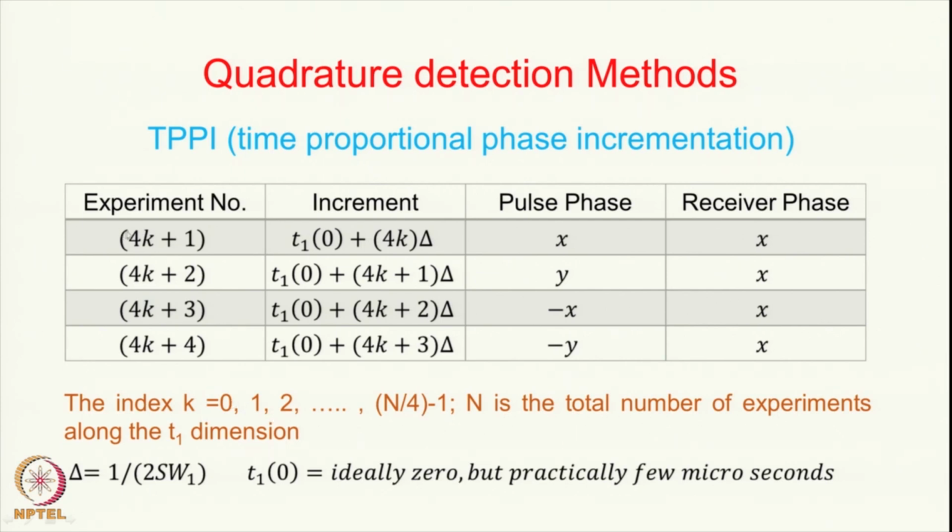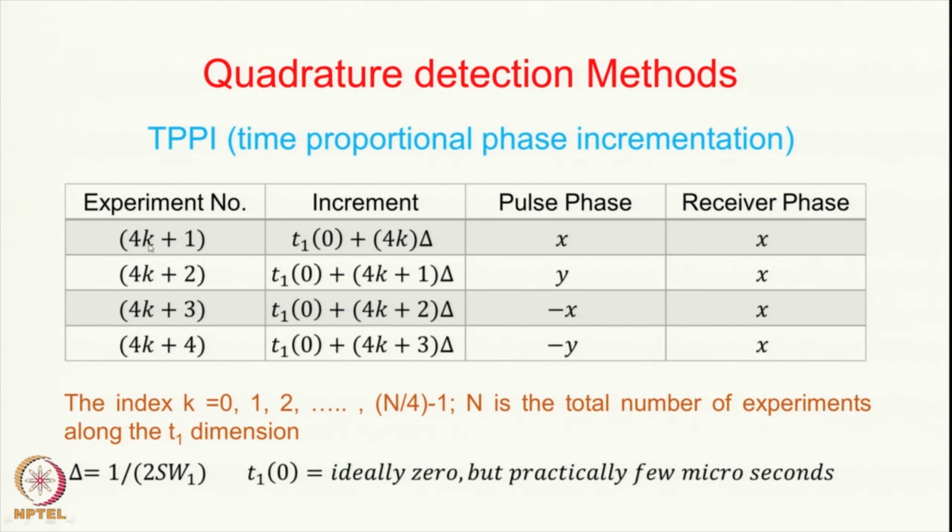When k is equal to 0, I will have the first 4 experiments 1, 2, 3, 4. When k is equal to 1, I will have the next 4 experiments 5, 6, 7, 8. When k is equal to 2, I will have 9, 10, 11, 12, and when k is equal to 3, I will have 13, 14, 15, 16, and so on. So we collect the data in that manner. All the total increments which you are doing in the T1 dimension are divided into groups of 4.